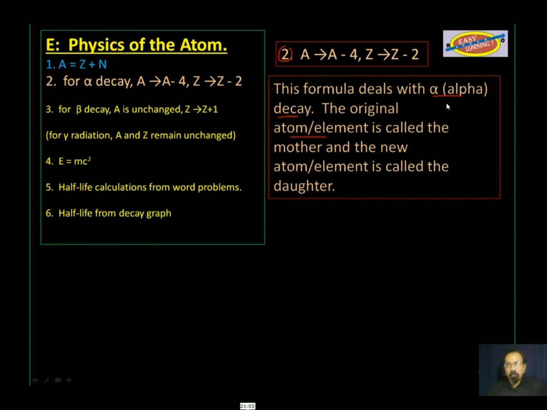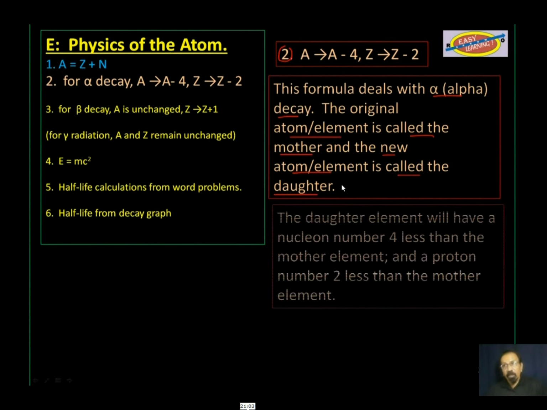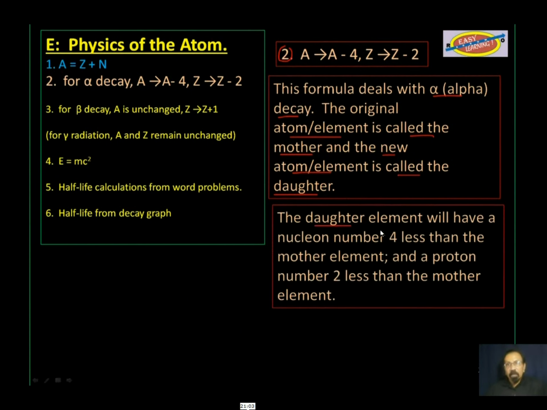The original atom or element is called the mother element, and the new atom or element is called the daughter element. The daughter element will have nuclear number 4 less than the mother element and a proton number 2 less than the mother element. This is what always happens during alpha decay.